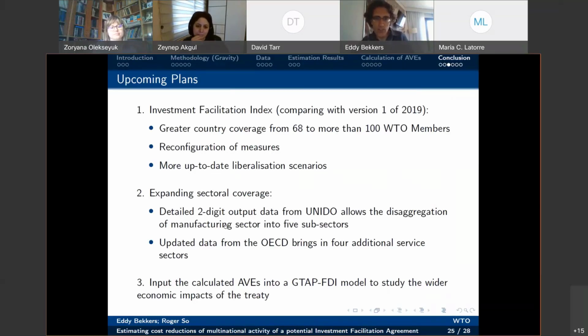Roger has already extended the sectoral coverage to different manufacturing sectors and some more services sectors, and in most sectors, results are carrying over. Finally, we would like to input that into an FDI model. Once the paper is ready, we will also share our results so others could also use this. Thanks. That was all.